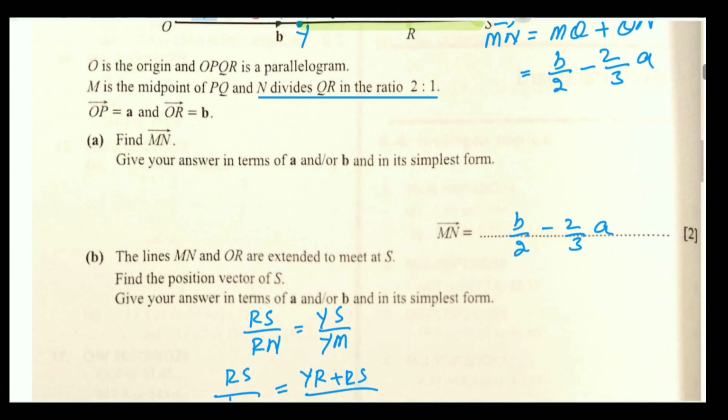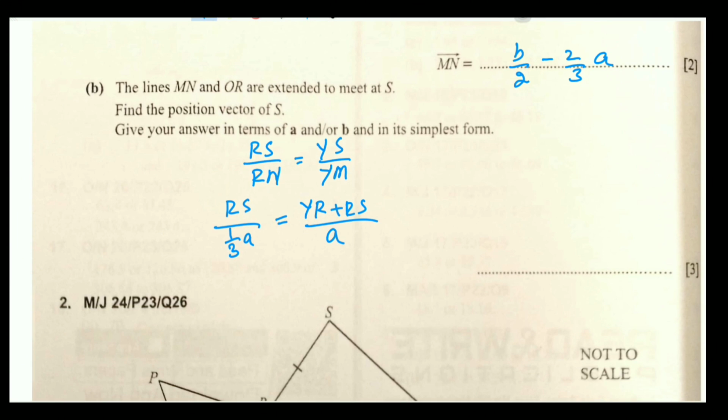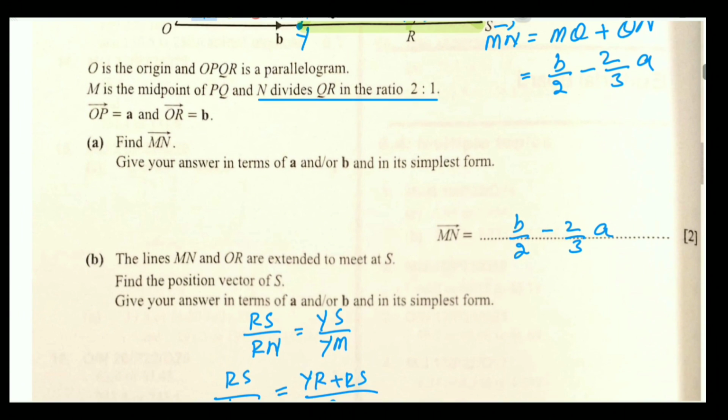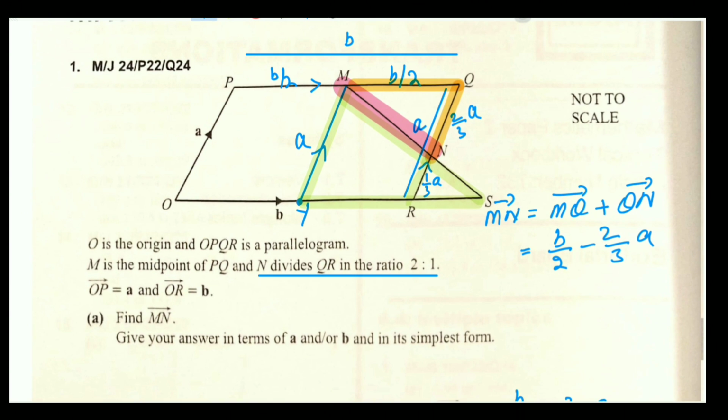Now what we will do, we have to find RS. What is YR? YR is B by 2. Because Y is the midpoint, if the whole side OR is B, then YR will be B by 2 and this will also be B by 2.